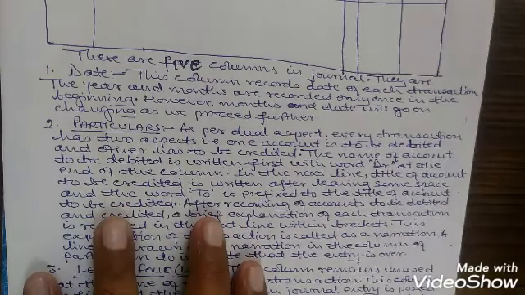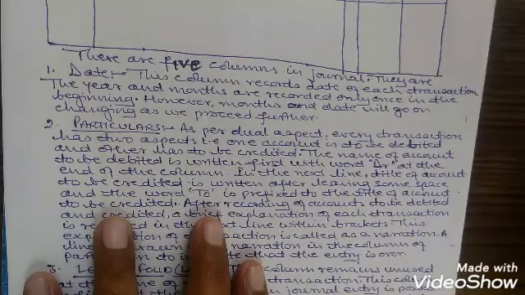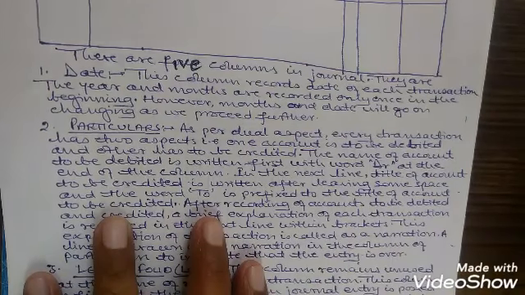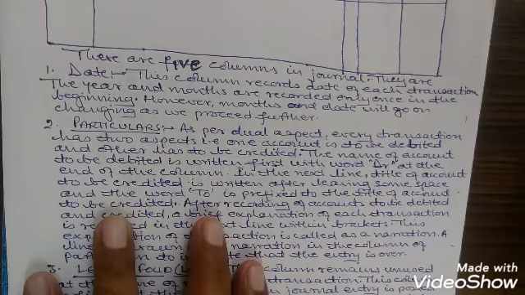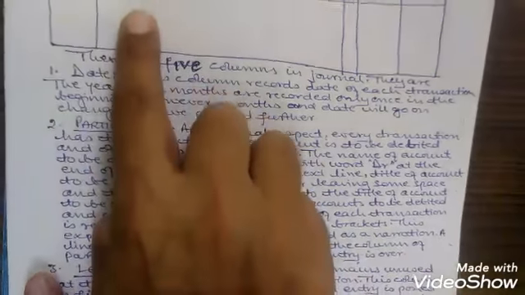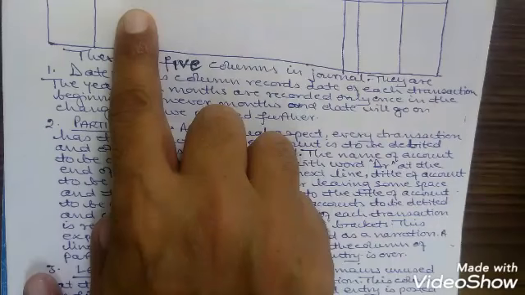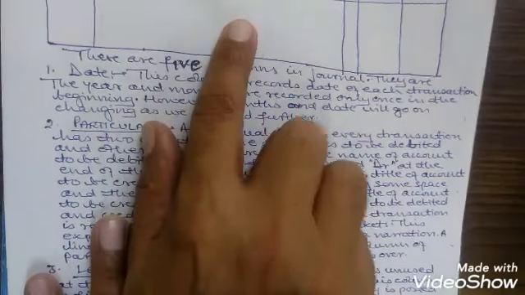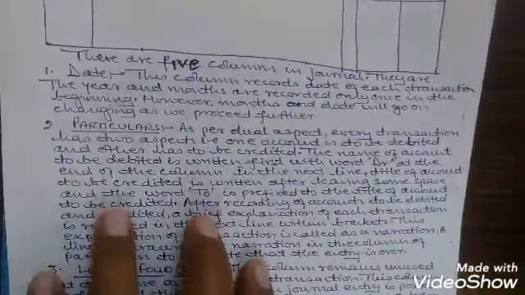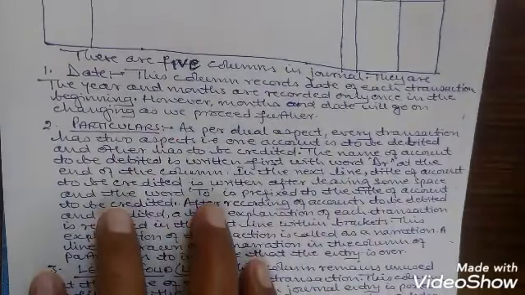Before writing the name of the account, you will write to. So after leaving some space from here, say, you will write to capital account. This to represents that the entry is a credit entry.